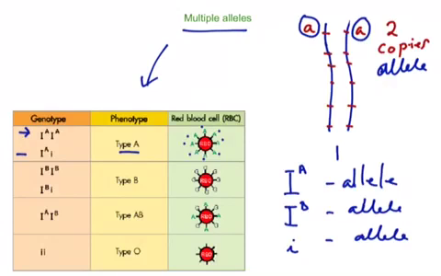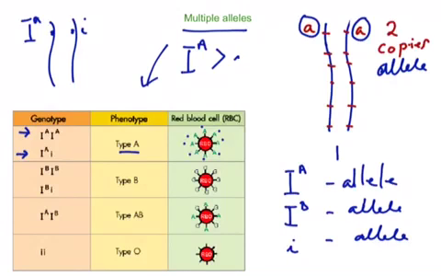If you carry the genotype I big A little i, so on your homologous pair of chromosomes you'll have the I A allele here and the little i allele over here, then you will still be blood type A, because I big A is dominant over the allele little i.